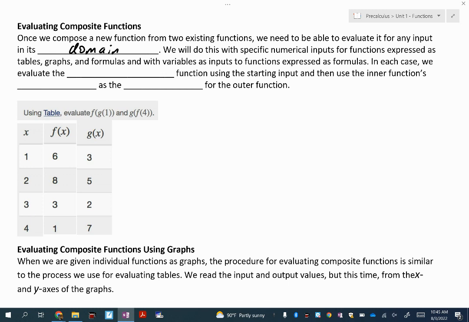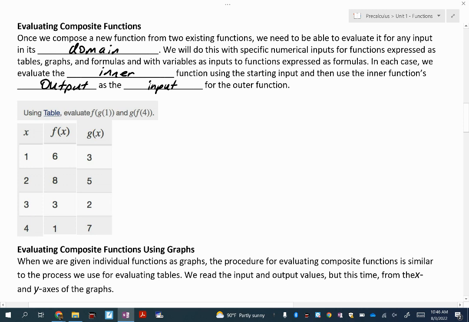In each case, we evaluate the inside or inner function using the starting input, and then use whatever we get for that inner function's output as the input for the outer function.